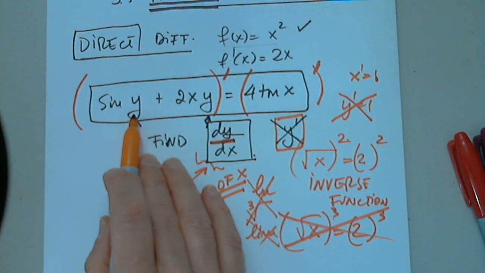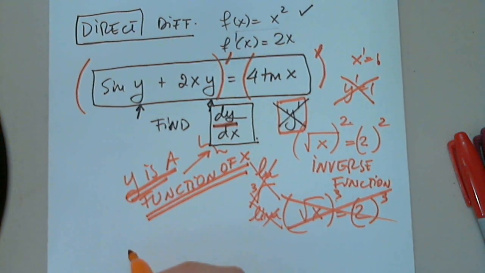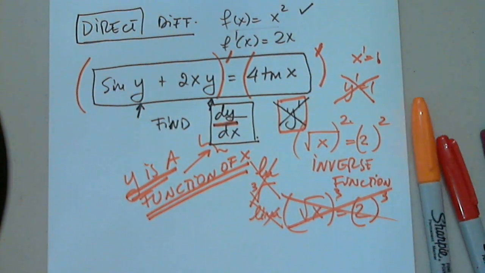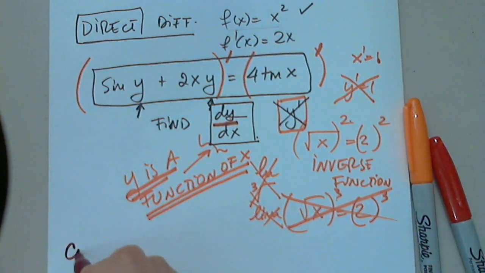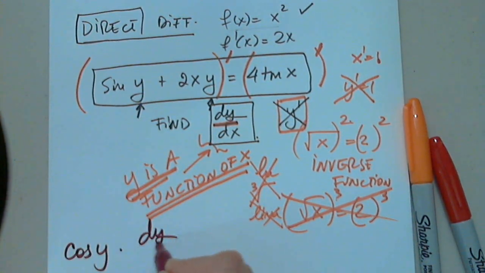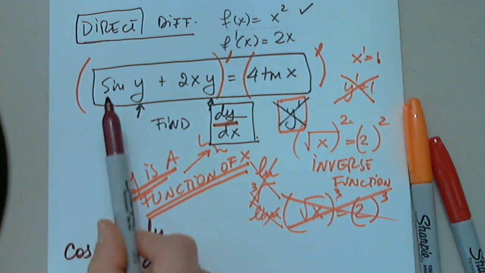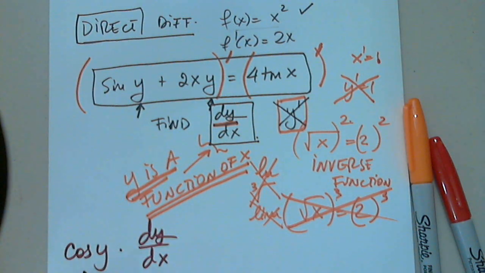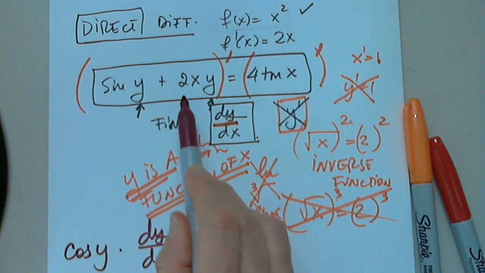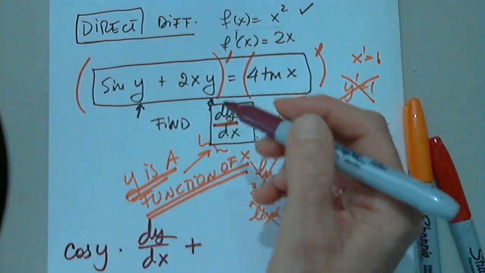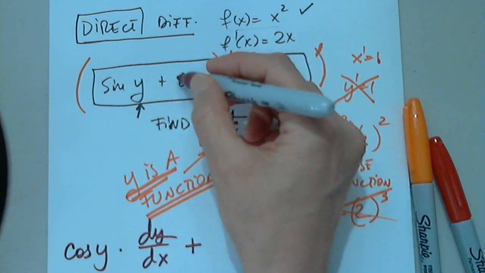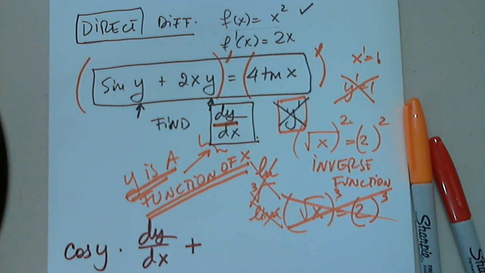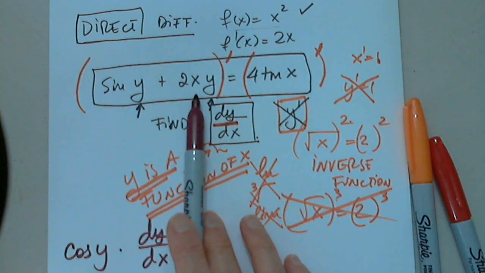Sine of a function. Outer, inner. How do I differentiate sine y? What should I write? Cosine y times y prime. Yes. Excellent. We differentiate the outer times the inner prime. Brilliant. Awesome. Plus, I have to differentiate 2xy. But remember, what rule do I have to apply here? What is it called? Product?